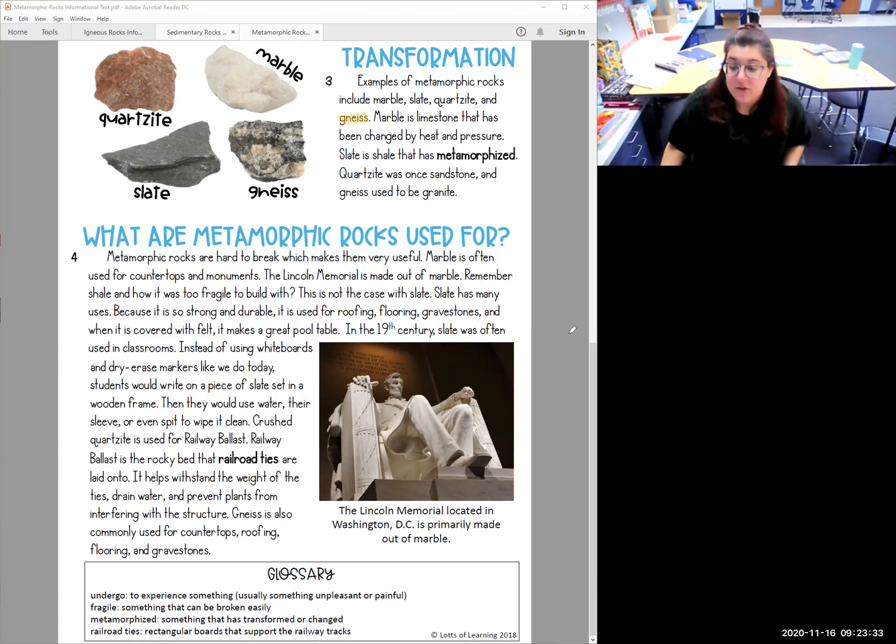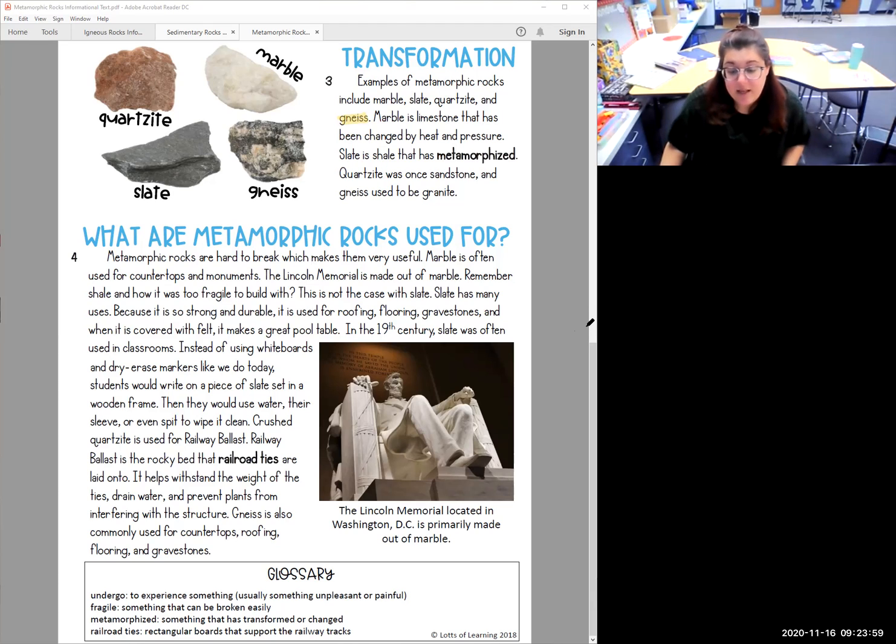In the 19th century, slate was often used in classrooms. Instead of using whiteboards and dry erase markers like we do today, students would write on a piece of slate set in a wooden frame. Then they would use water, their sleeve, or even spit to wipe it clean. Crushed quartzite is used for railway ballast.